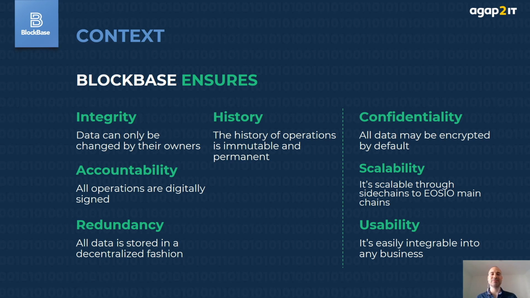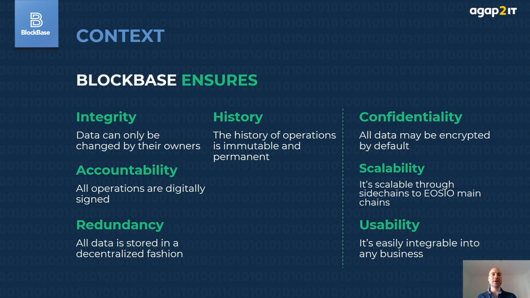The scalability part is done through sidechains. BlockBase, in fact, doesn't run just one main chain. It runs any number of sidechains to a main chain. Now we are using EOS as the main chain, so BlockBase runs as many sidechains as needed to the EOS main chain.